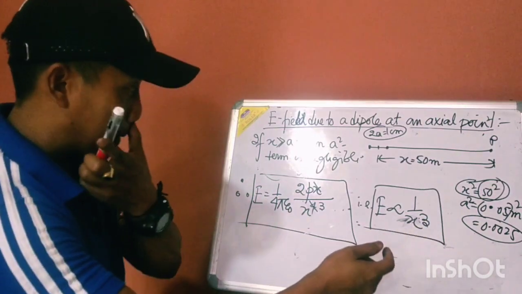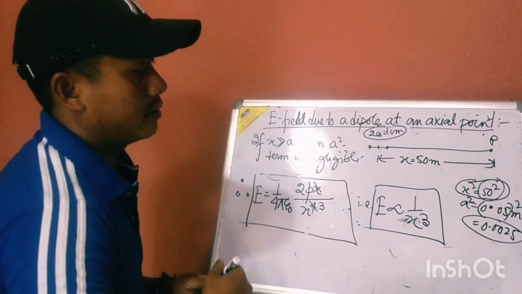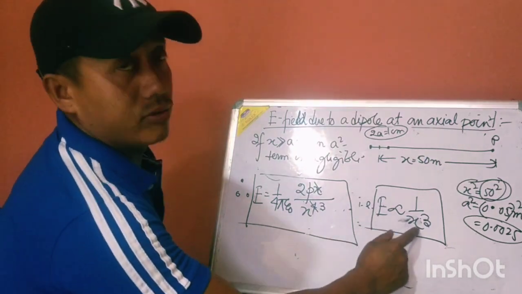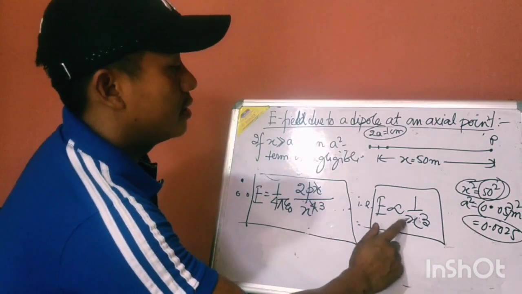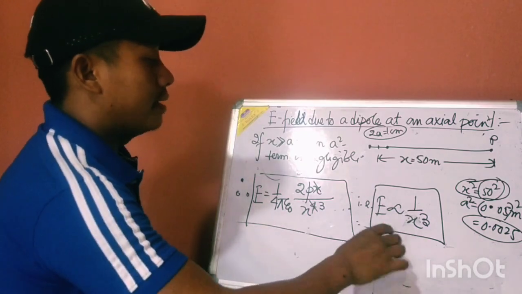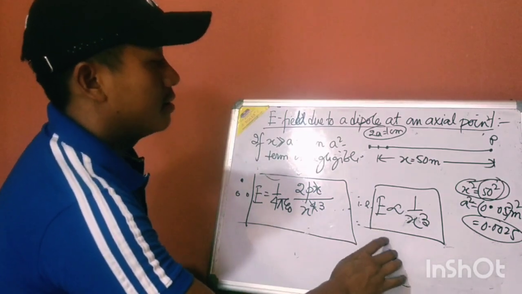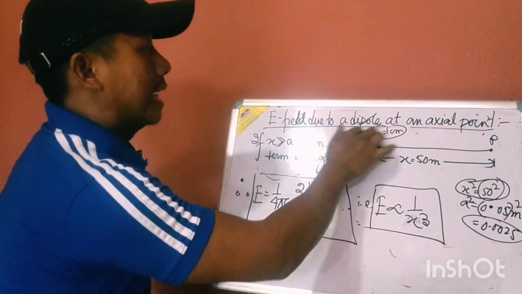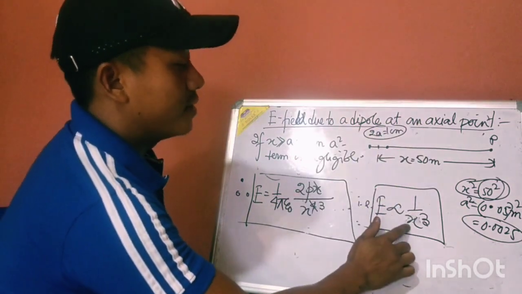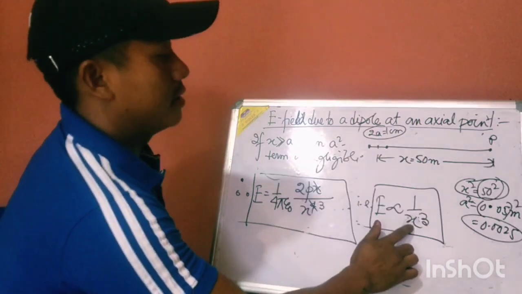However, in case of the point charge, it was inversely proportional to the square of the distance. So this gives the final expression, which shows that the electric field due to a dipole at an axial point varies inversely with the cube of the distance of separation.